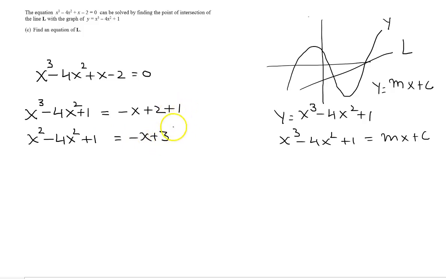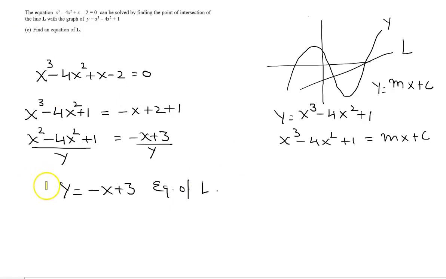If they are intersecting, this curve is intersected by this, so this must be the equation. This is the value of y, it's given here, so it must also be the value of y. So y is equal to minus x plus 3 is the equation of line L. So that is the answer for this question.